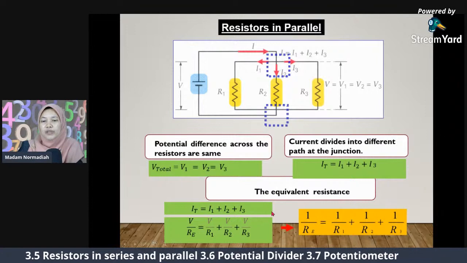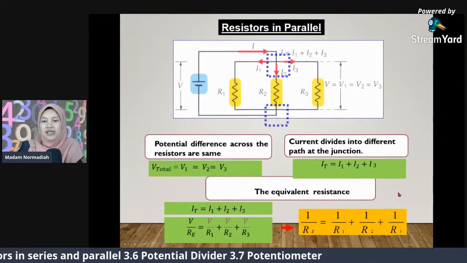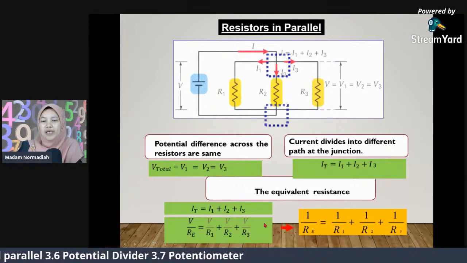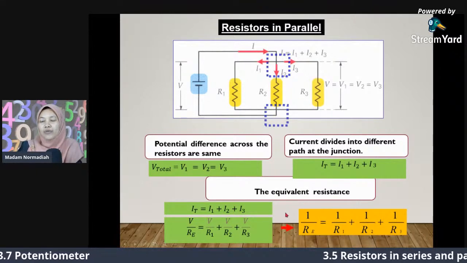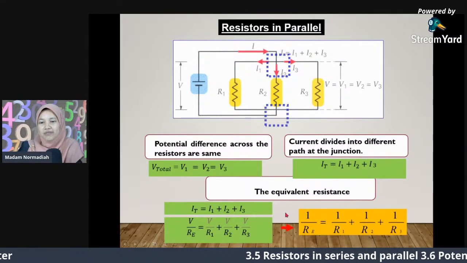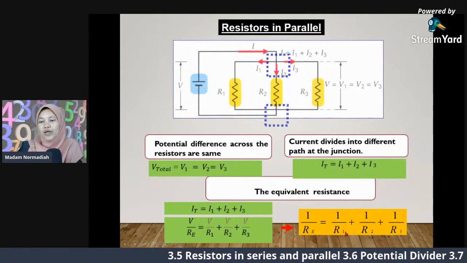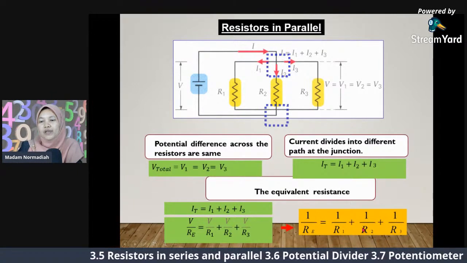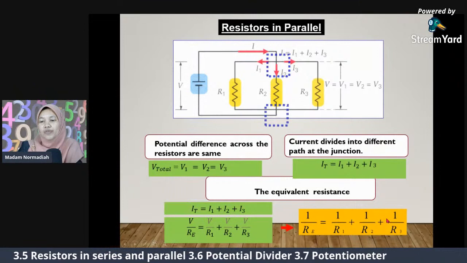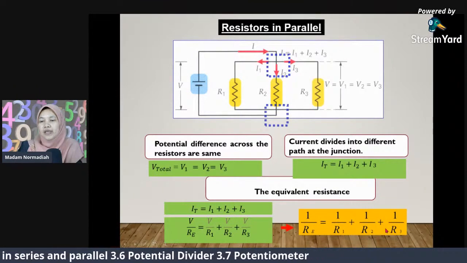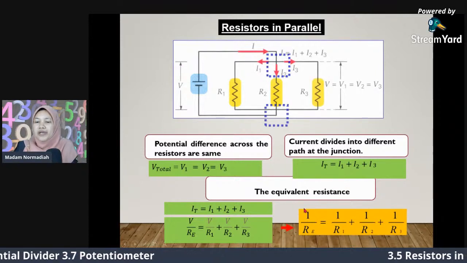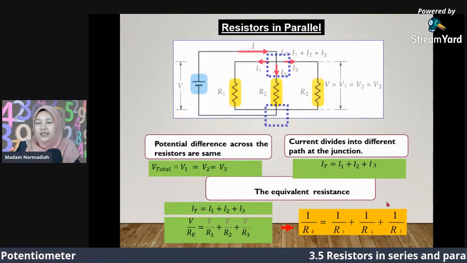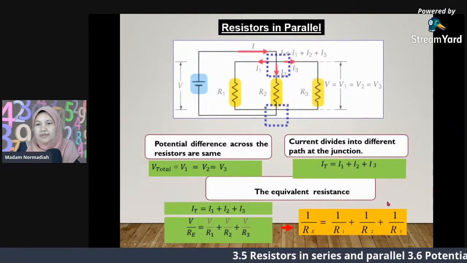In this arrangement, the potential difference is the same, so we can cancel it on both sides, and finally we get 1 over R effective equals 1 over R1 plus 1 over R2 plus 1 over R3. And then don't forget to rearrange the equation to get the effective resistance.